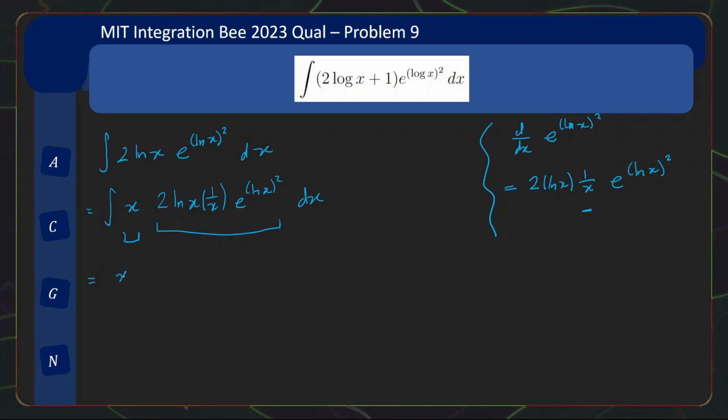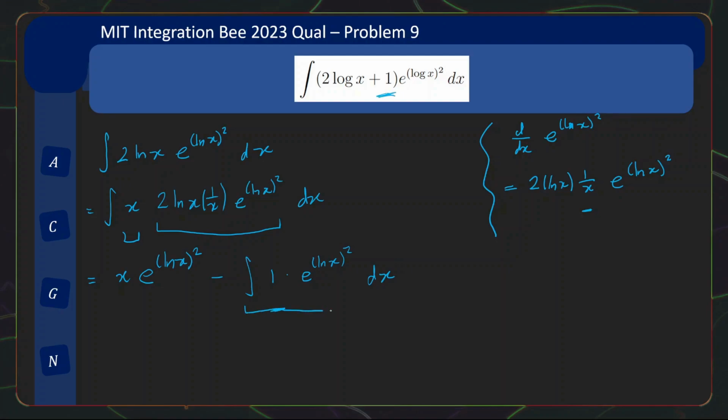So we have x times the thing that, after being integrated, is this expression, based on our result in the parking lot. And then minus, differentiating x, we have 1, then times e to the ln x squared dx. And then now we realize that this copy of 1 here is the plus 1 here.